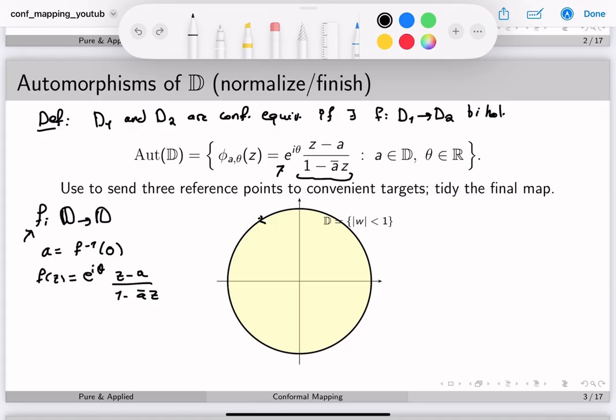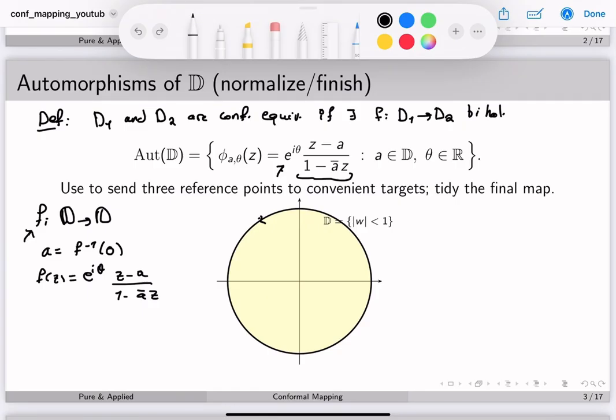I'm interested in the question here of why this map takes the unit disk onto the unit disk. You will see that in studying conformal mappings, a very important thing to consider is where the boundary goes, right?